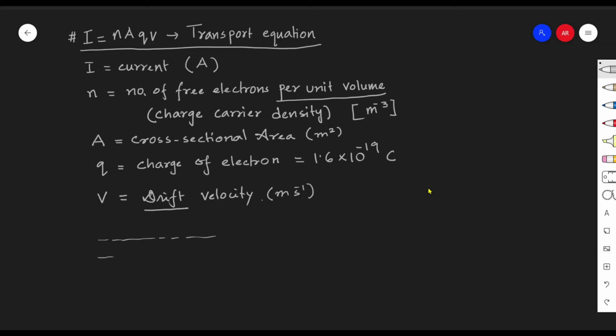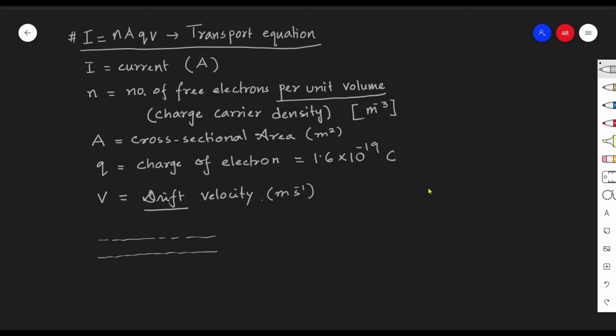When this is a conductor, just a wire, say a copper wire, and it is not connected with any power supply, it means no PD, no potential difference is applied to this wire. No electric field is acting on the wire.